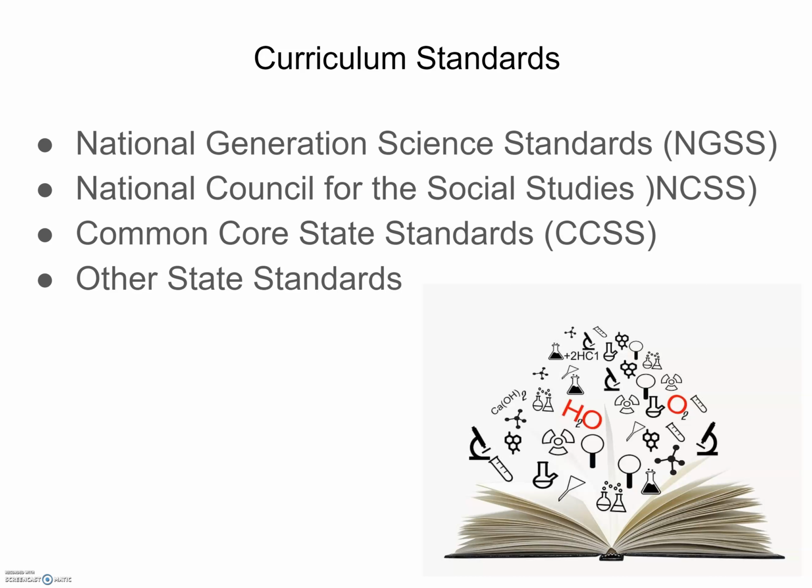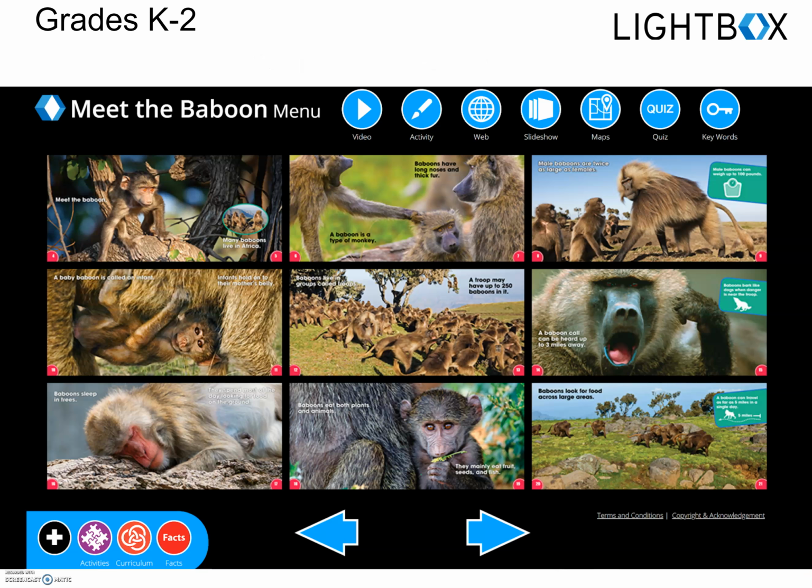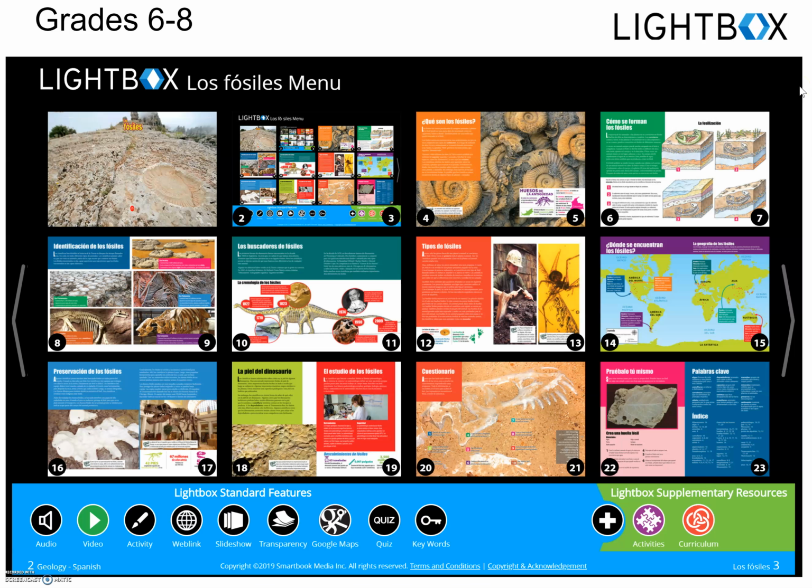Lightbox is connected with curriculum standards. They cover Next Generation Science Standards, National Council for the Social Studies, Common Core State Standards, and other state standards. Here's a quick peek at what they look like at the different grade bands. This is grades K through 2, where you can see very simple text and very simple feature buttons.